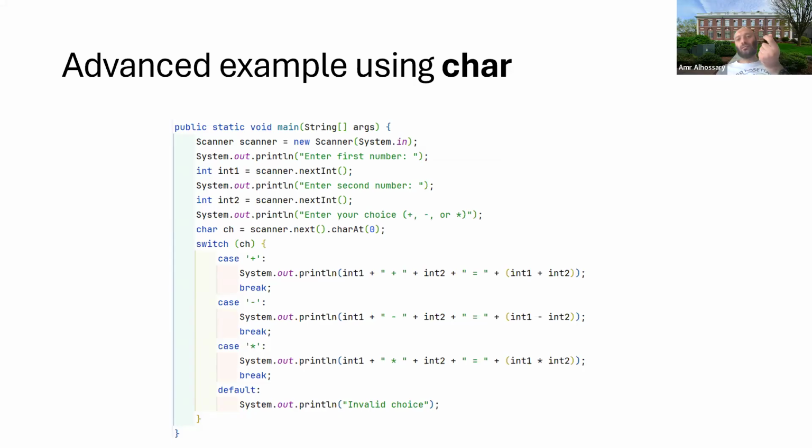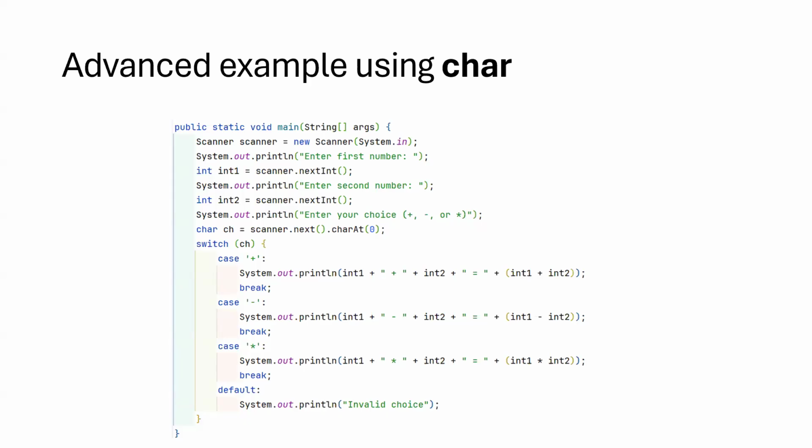The plus is a character. The minus is a character. The asterisk is a character, right? So if he enters the character itself, it in itself holds a number. So we can use it directly without needing to write 1 or 2 or 3.